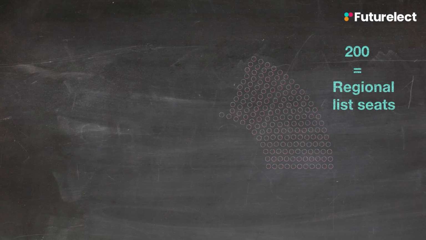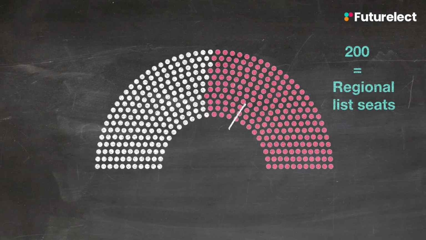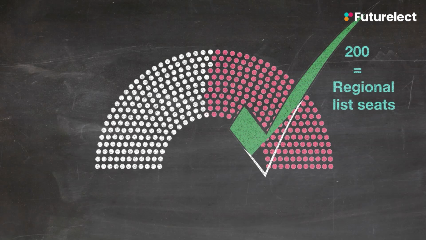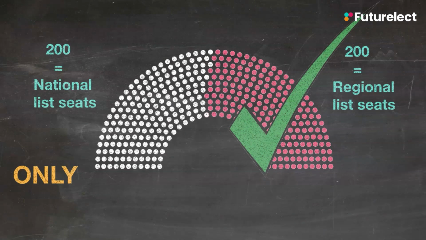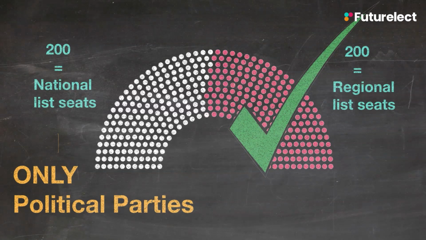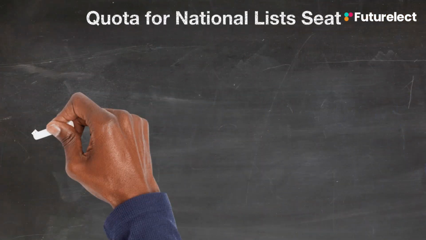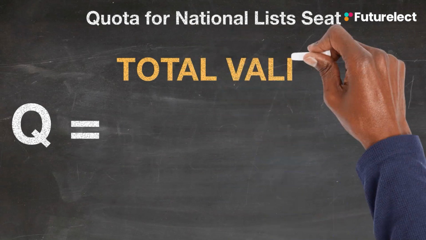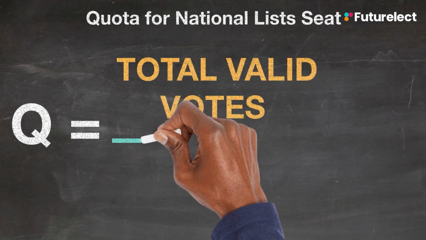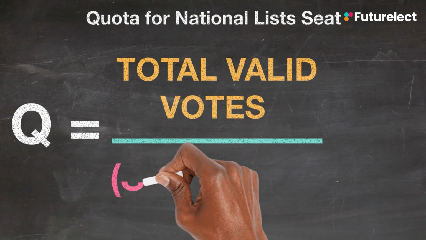Now that the 200 regional list seats have been allocated, the IEC moves to allocating the remaining 200 national list seats, which only political parties are eligible to contest. The calculation is as follows. The total number of valid national votes is divided by the total number of seats in Parliament plus 1.